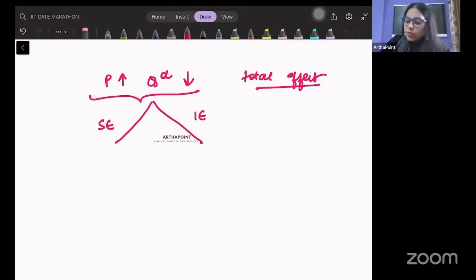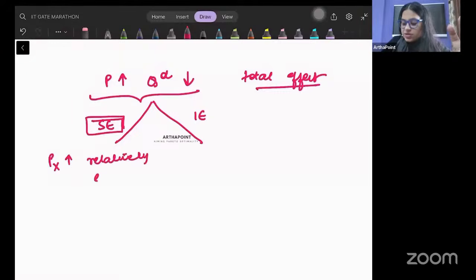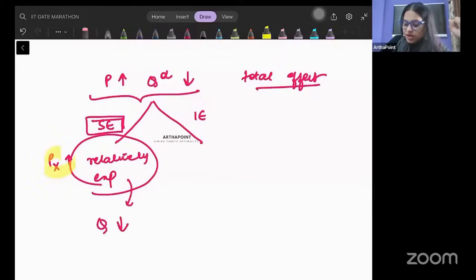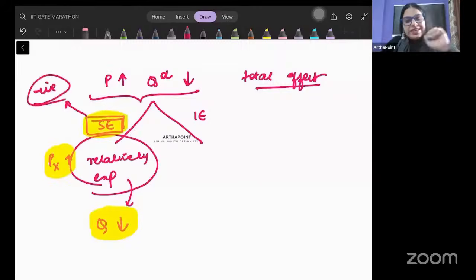Ideally, the substitution effect says that when the price of the good increases, it becomes relatively expensive, and when it becomes relatively expensive, you should decrease its demand. So price and quantity move in opposite directions, and hence the substitution effect is negative. This is the concept: the substitution effect is negative.